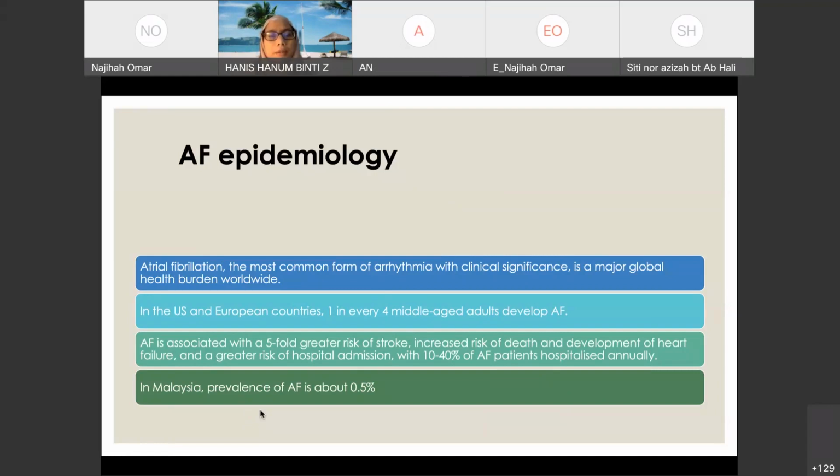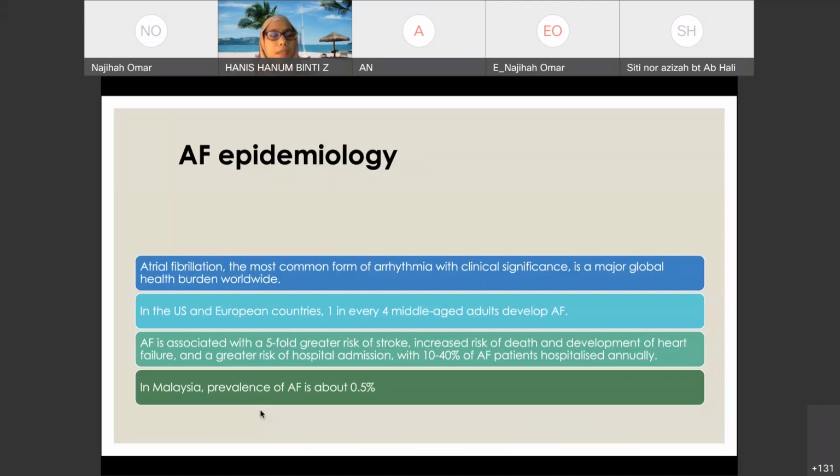Now, in Malaysia, we rarely hear of patients with this problem, right? When we speak to lay people, we rarely hear them say that they have this irregular heartbeat problem. When I gave you the assignment to make a video, I noticed that none of the 183 of you showed a video of AF, showing that this problem is not that common compared to your other heart diseases like STEMI, non-STEMI, hypertension, heart failure.